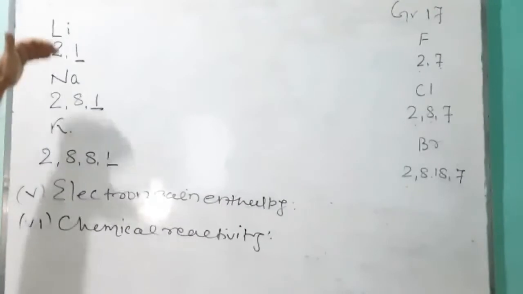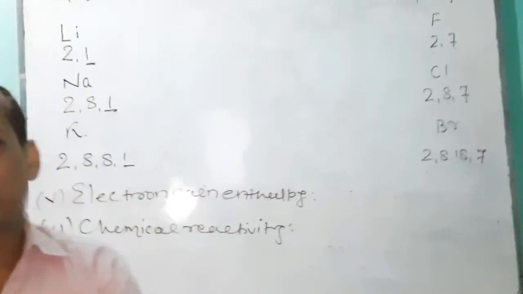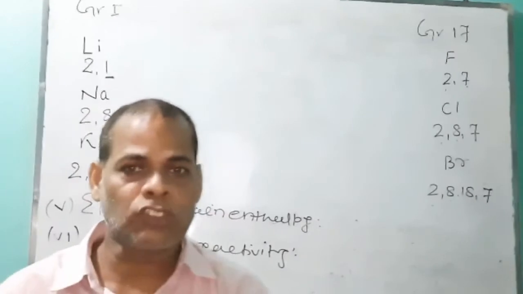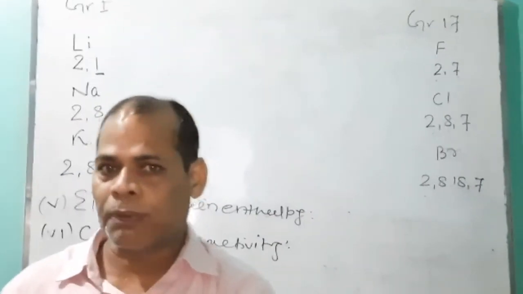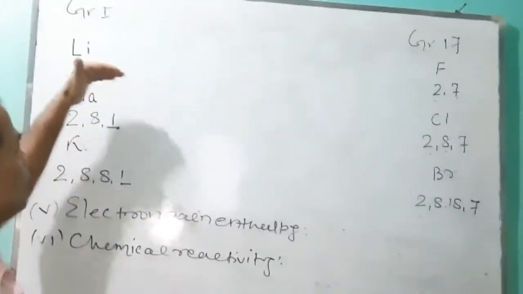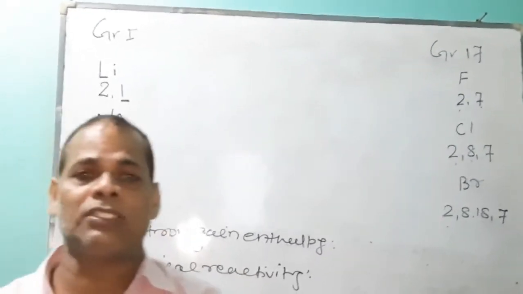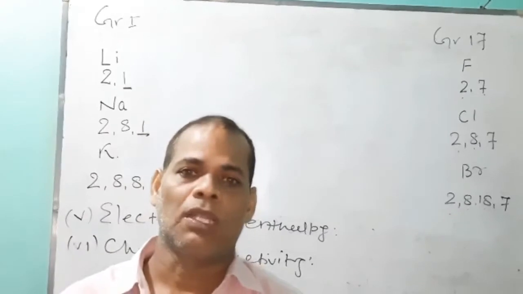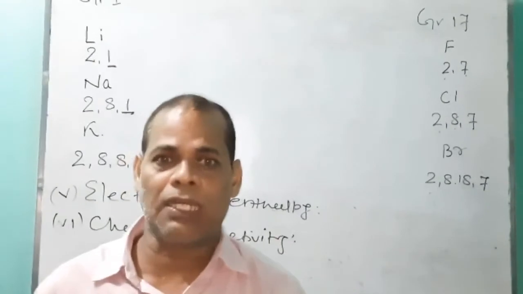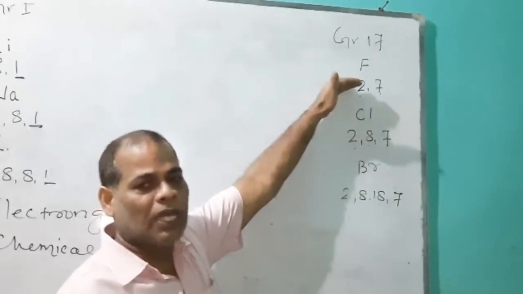In the case of metals, while moving from top to bottom across the group, the reactivity increases due to increase in the size of an atom. Now, in the case of non-metals, the reactivity decreases.